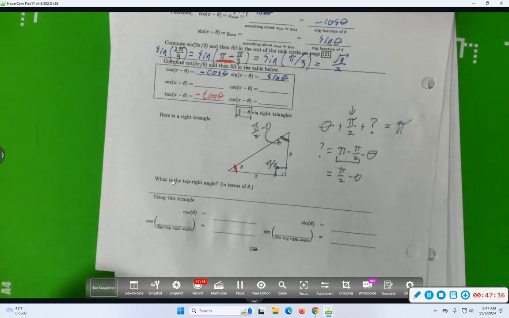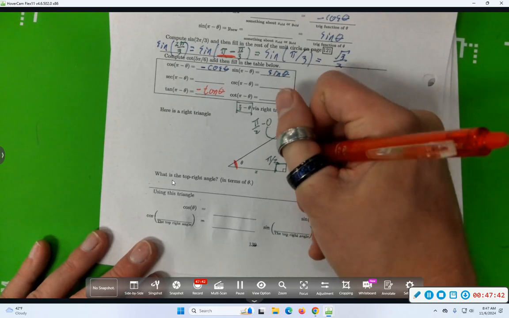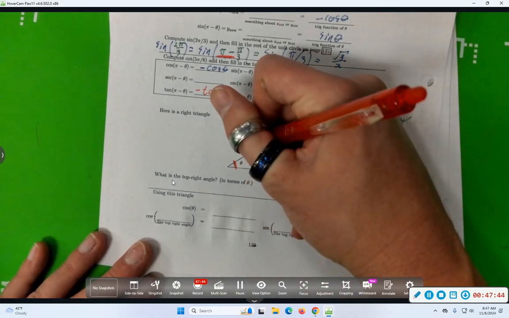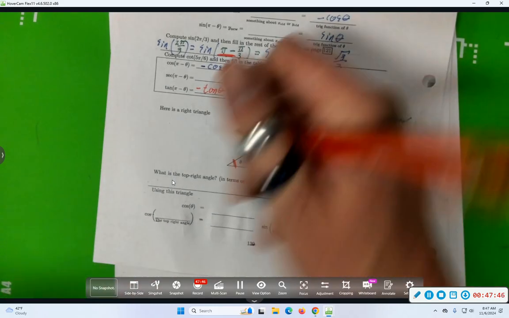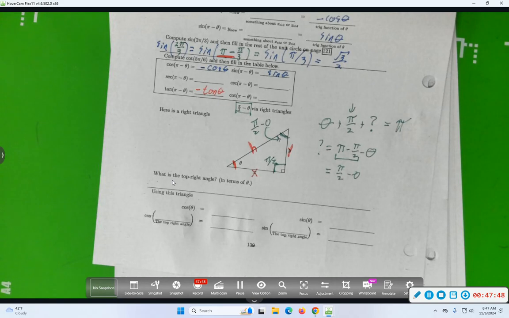So, using this triangle, this is a right triangle, so I can use SOHCAHTOA. There's y, there's x, and you know what, let's label the hypotenuse as h. So, SOHCAHTOA, what's the cosine of theta using this triangle?